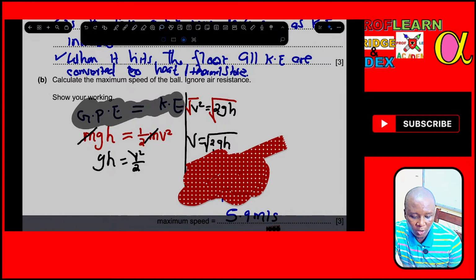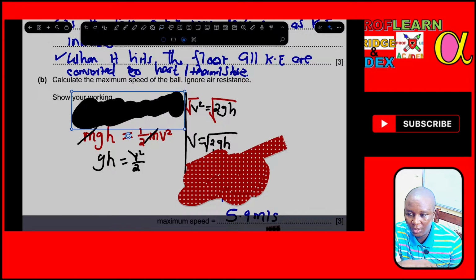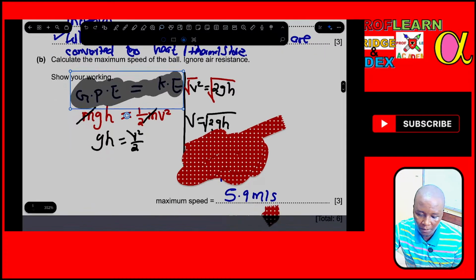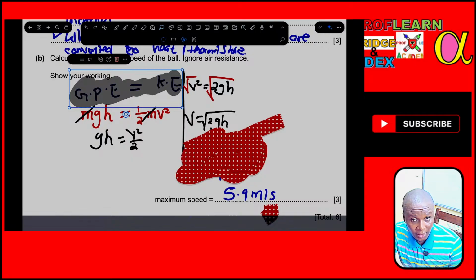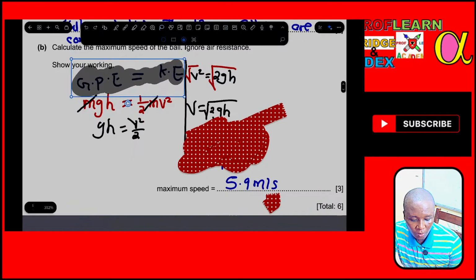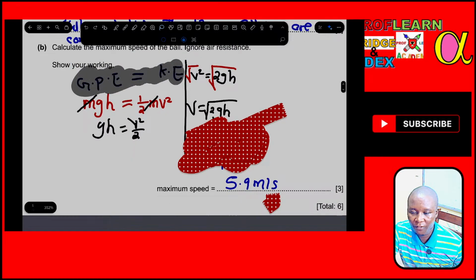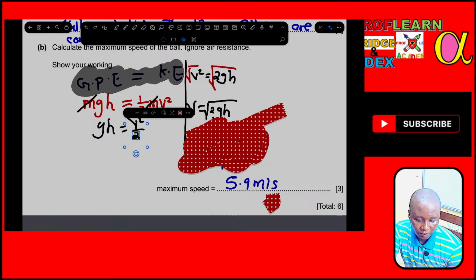So remember, gravitational potential energy is the one that is converted to kinetic energy. In that case, you needed to remember and write the formula for gravitational potential energy, which is mgh, but you can see mass will cancel out. You remain with gh equals v squared over 2.